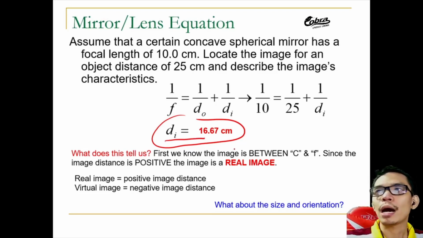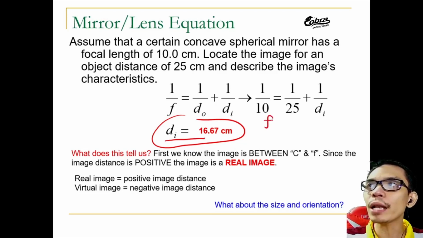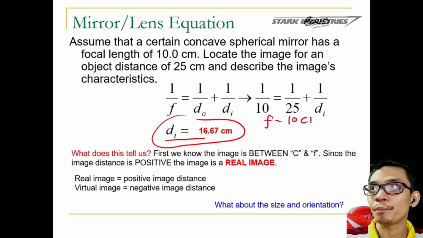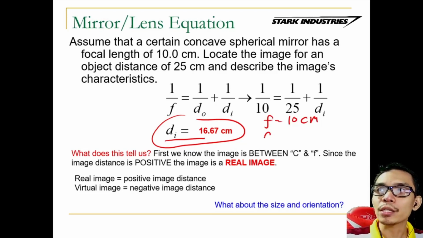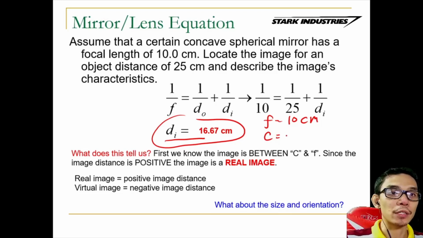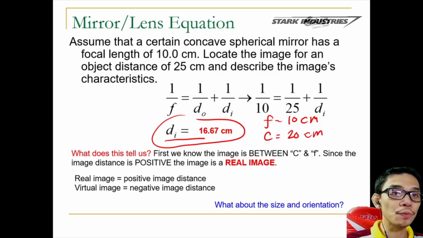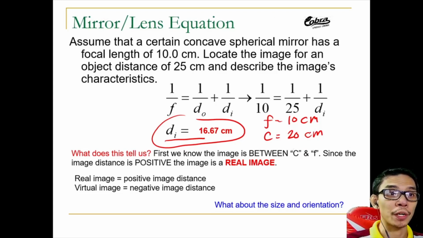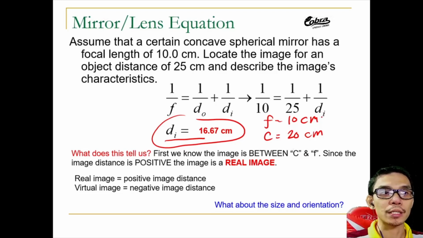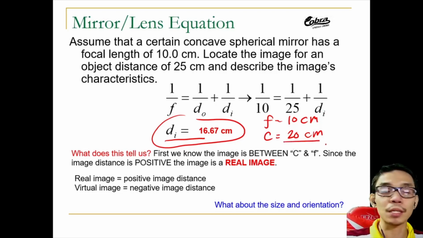How do we locate it? The focal length was 10 centimeters, so its center of curvature is 20 cm. Remember, focal length times 2 is the center of curvature, so we have here 20 centimeters.